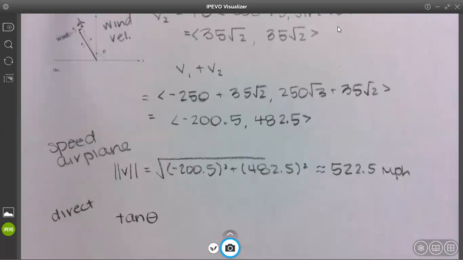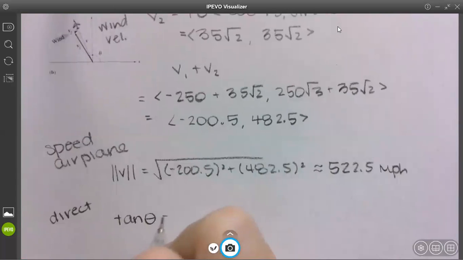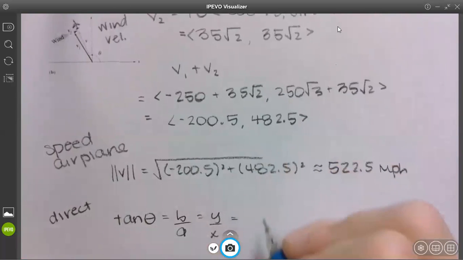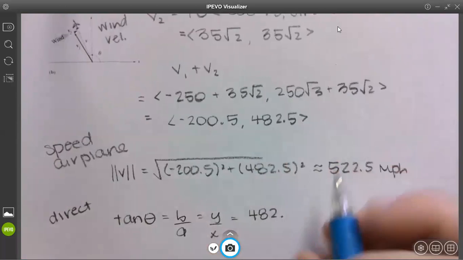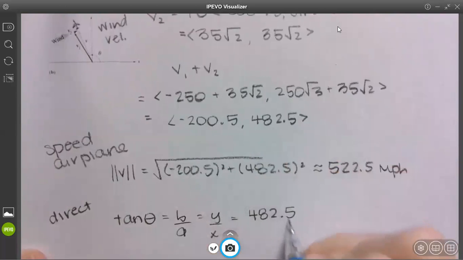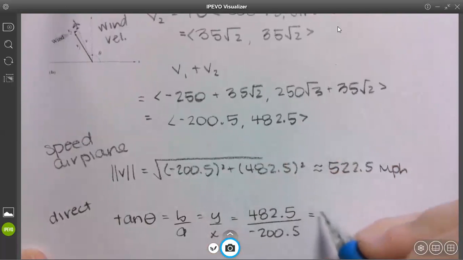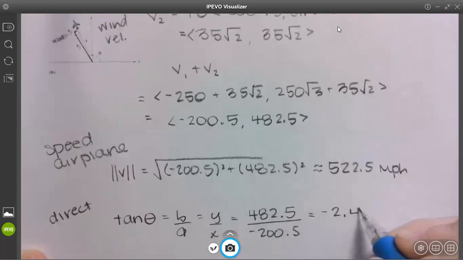Tangent is y over x. So remember this is b over a, or like I said, y over x, which is going to be 482.5 over negative 200.5, which gives you negative 2.4065.